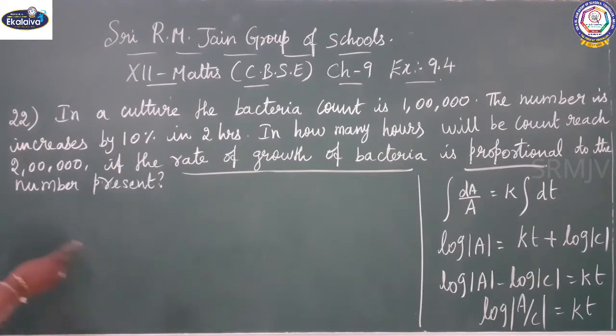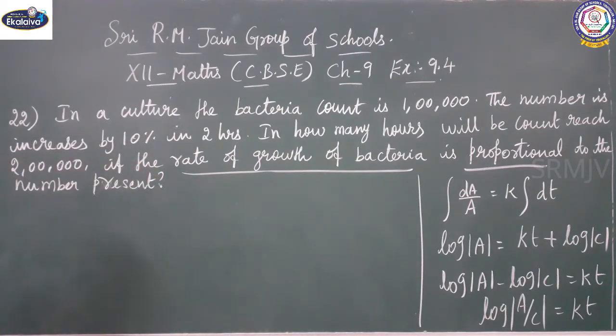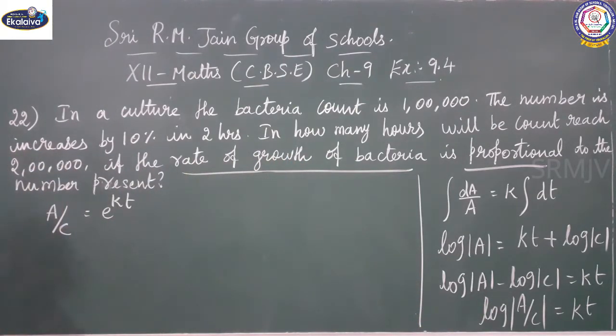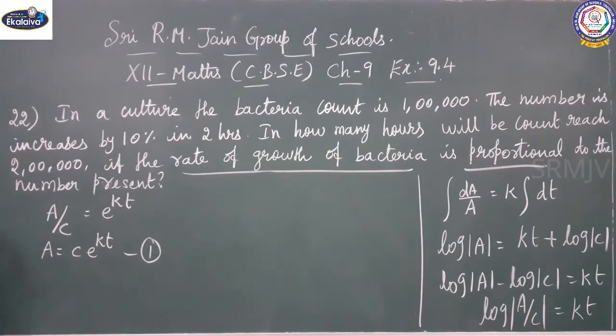See here, raising the power e on both the sides, e power log value is 1, so A by C equal to e power KT, A equals C e power KT.